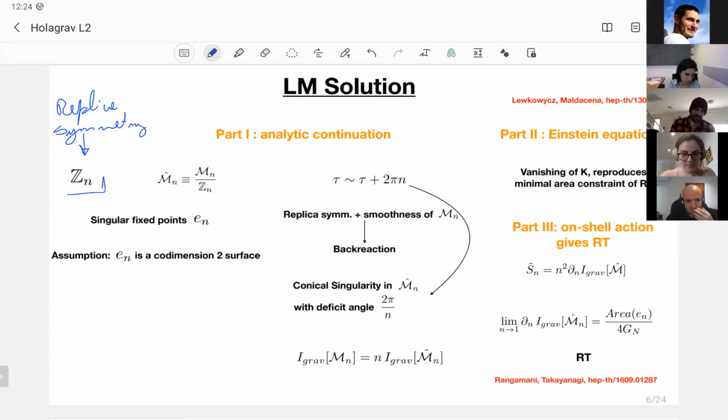So what they did is to study this manifold M hat. M hat is just the quotient of Mn by the symmetry group. And here they study this because in this manifold they are going to be allowed to do the replica.